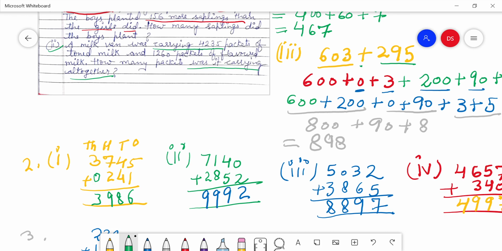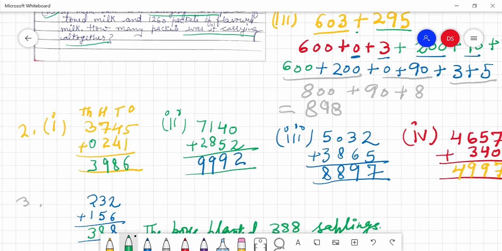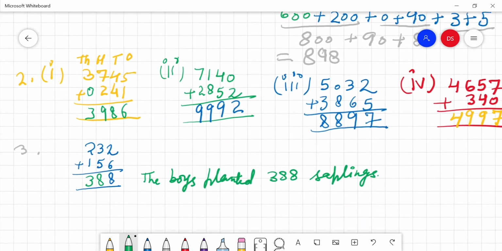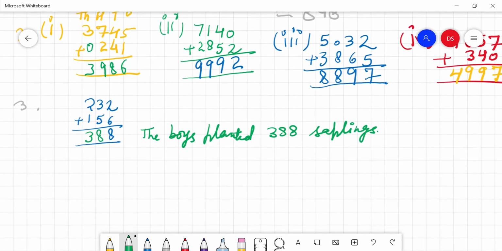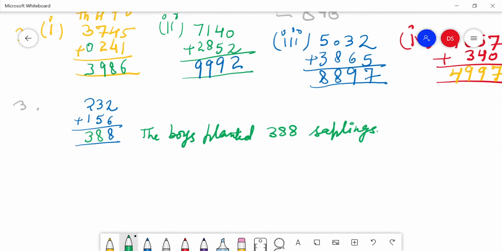So there are two types of milk packets which a milk van was carrying. How many packets was it carrying altogether? Where there is altogether, it is clear that we have to add the numbers. So how many means we have to find the total number of packets carried by the milk van. So we will add both types of milk packets, toned and flavored.